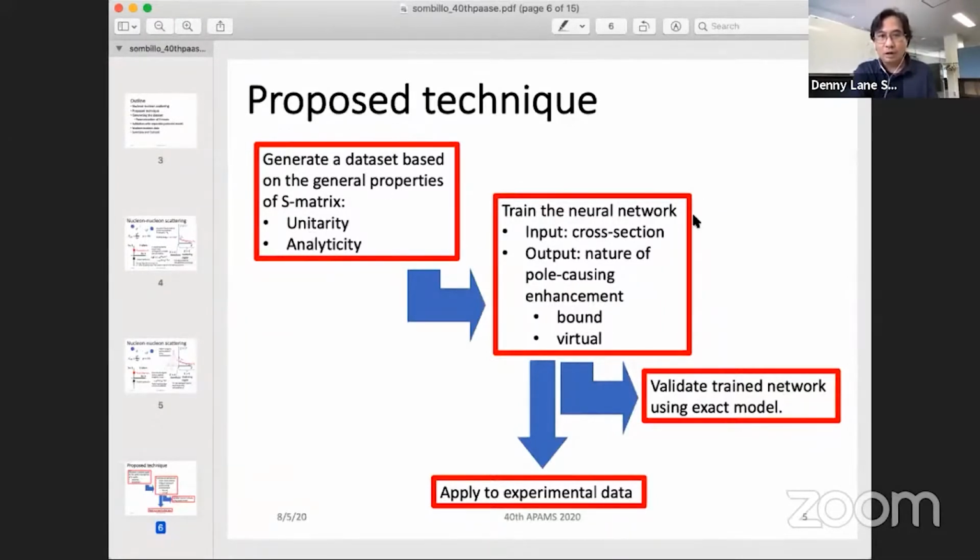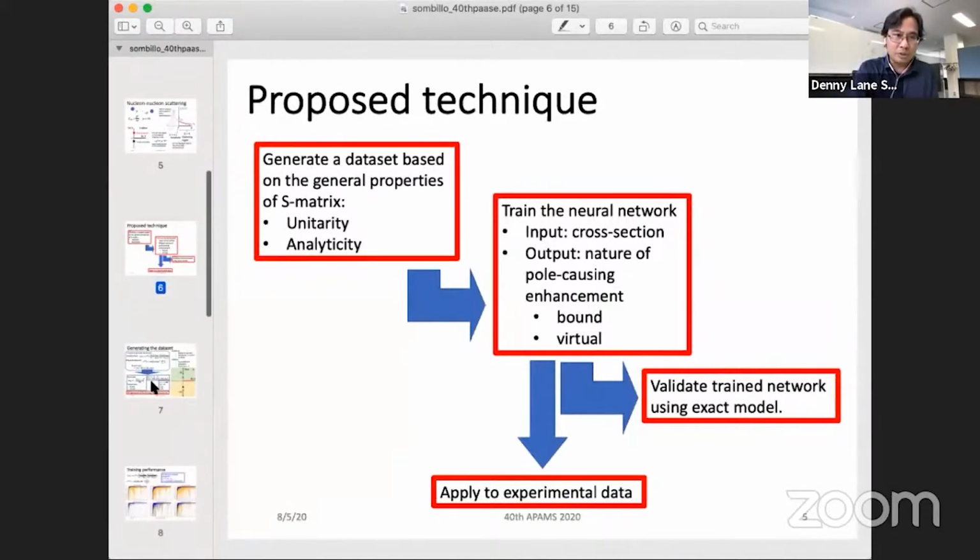Then we use different architectures for the neural network, where the input is the scattering cross-section, the one obtained from the scattering experiment, and the output is just the assignment of what causes the enhancement. In this case, I will just be using two outputs, the bound and the virtual state description. In order to study the performance of our neural network, we'll use an exact model to check the accuracy of prediction, and then finally apply this to experimental data.